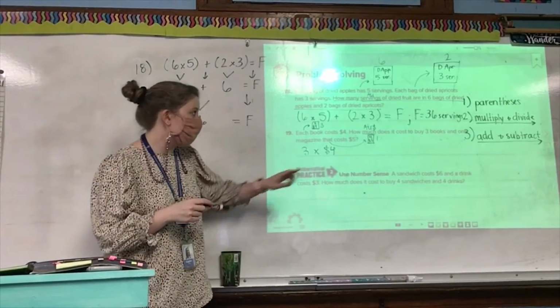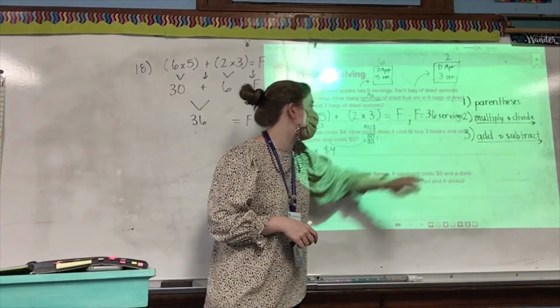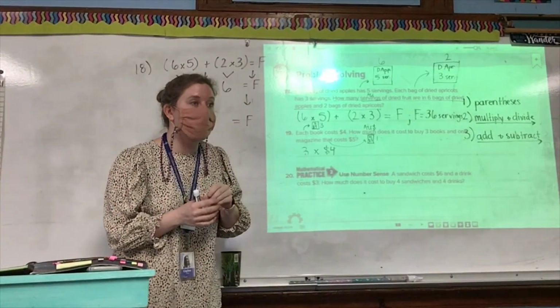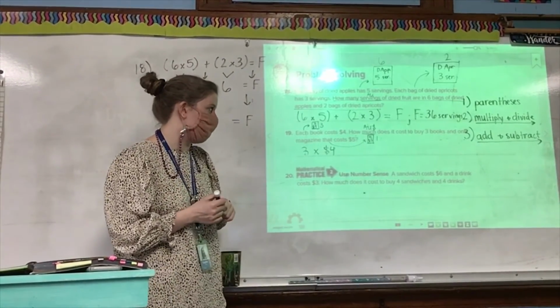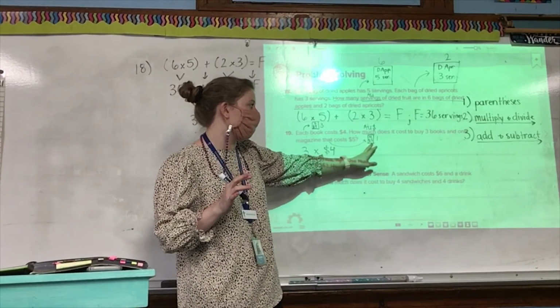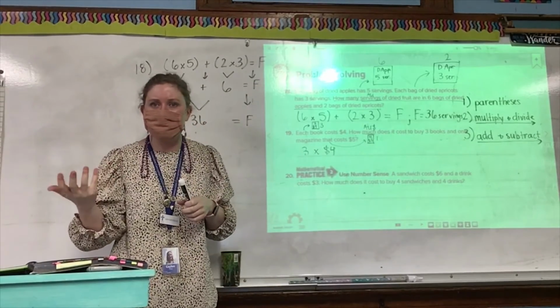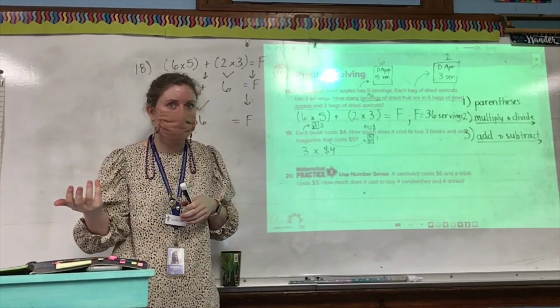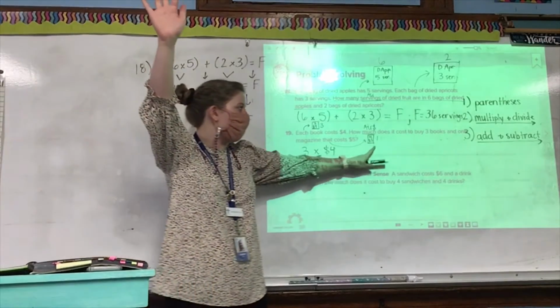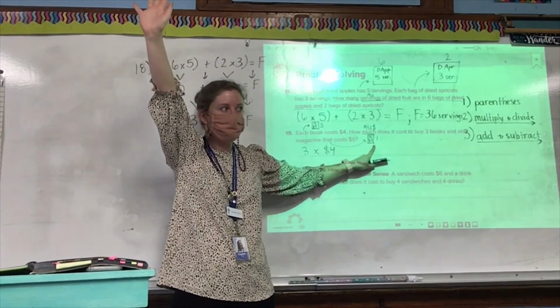No, because the question says how much does it cost to buy 3 books and 1 magazine that costs $5. I know that I'm figuring out a $5 magazine and there's 1 each. But do I need to write another multiplication problem for that?